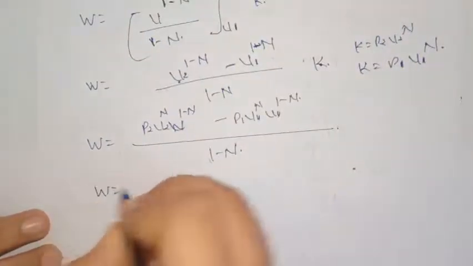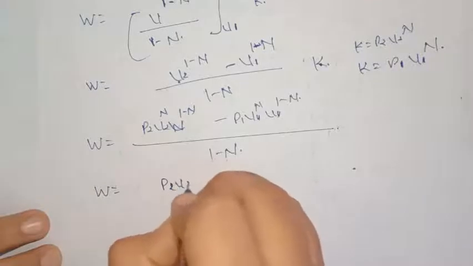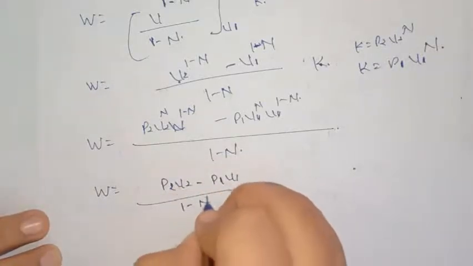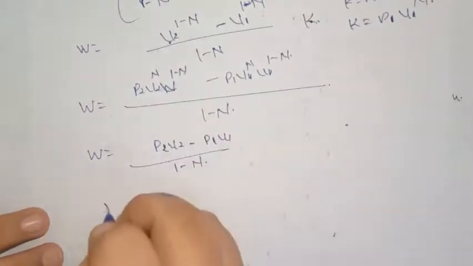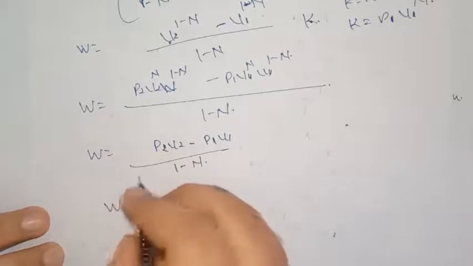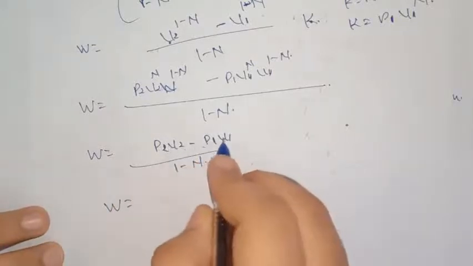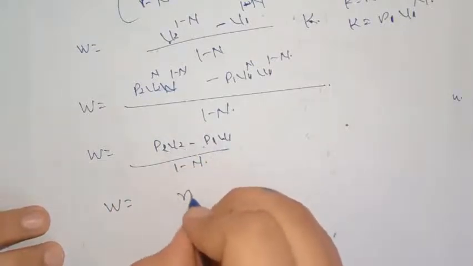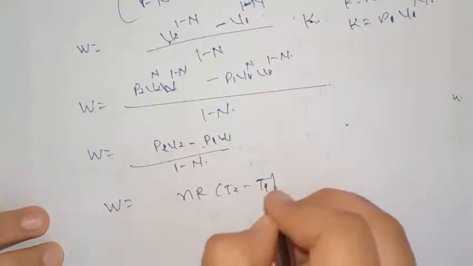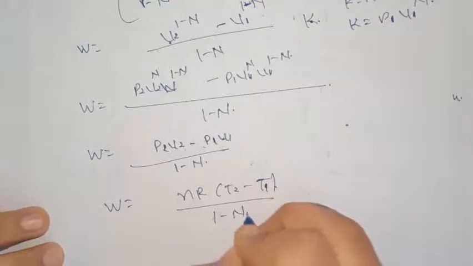So work done will be (P2 V2 minus P1 V1) divided by 1 minus n. P2 V2 minus P1 V1 can be written as nR (T2 minus T1) upon 1 minus n.